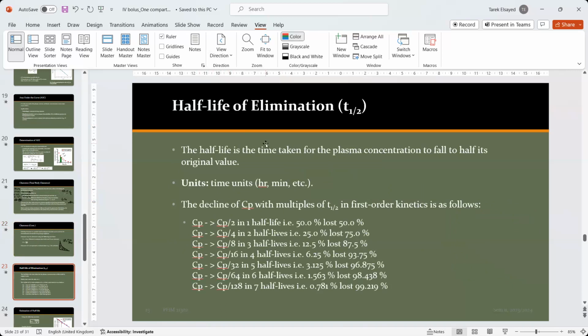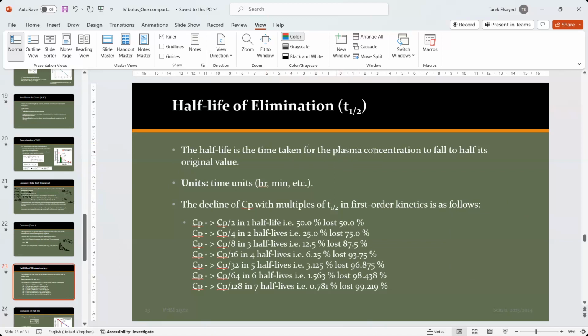Okay. Now we go to, I think, the last pharmacokinetic parameter we'll discuss today, which is the half-life of elimination, or just say elimination half-life, the T half of the drug. This is the time the concentration will take to reach half its value.